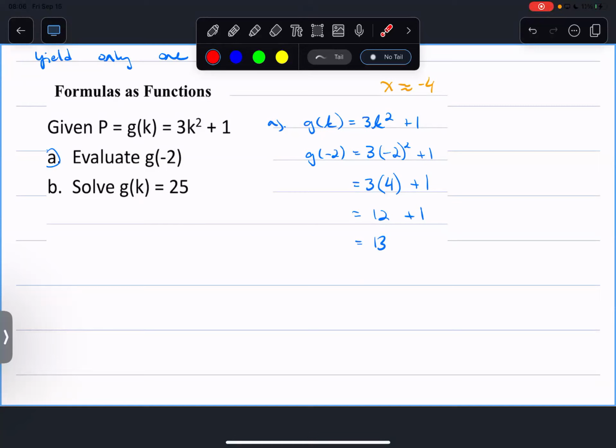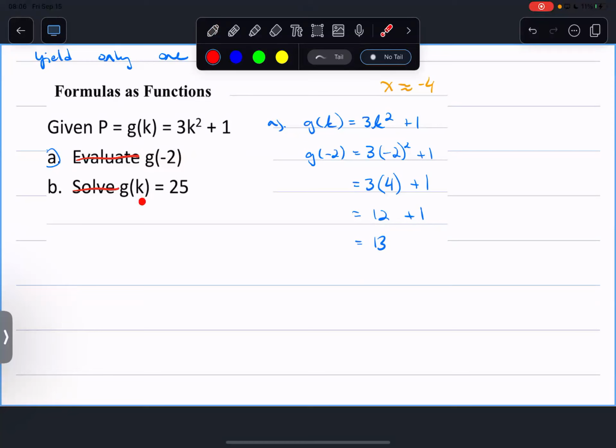Now, I wouldn't worry too much about memorizing that terminology, because even if you didn't have these words here, if it just said do g of -2, you would know to put in -2 and evaluate, right?